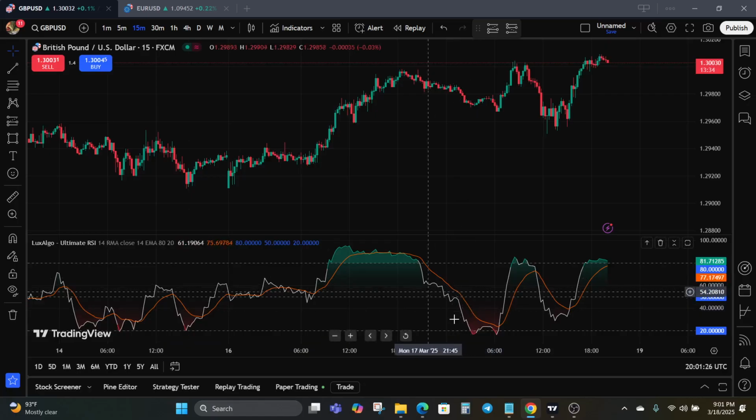Now, the ultimate RSI indicator is an enhanced version of the classic RSI that provides dynamic overbought and oversold levels.